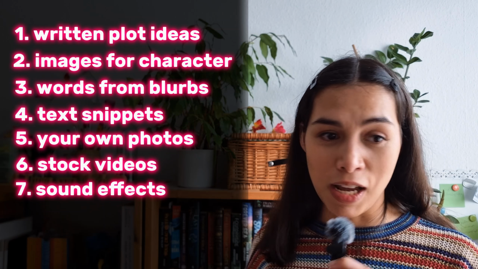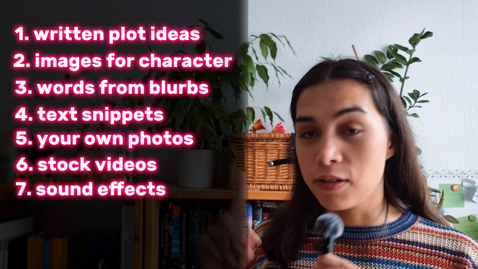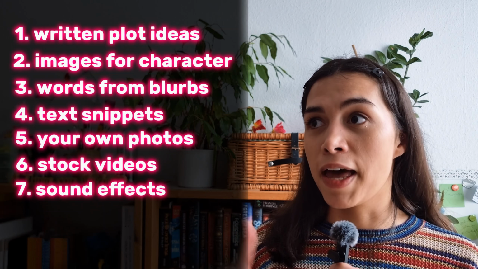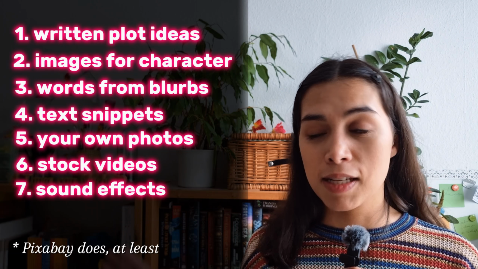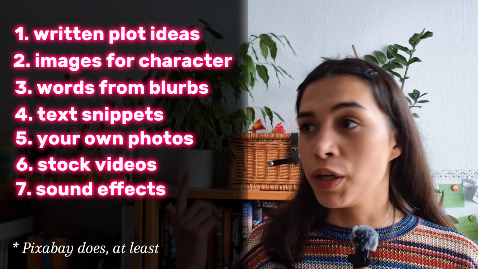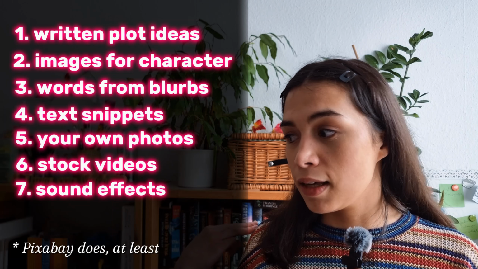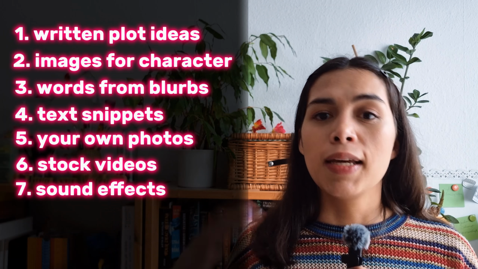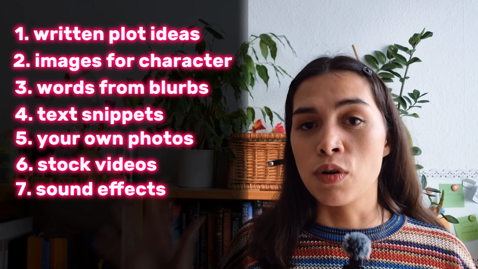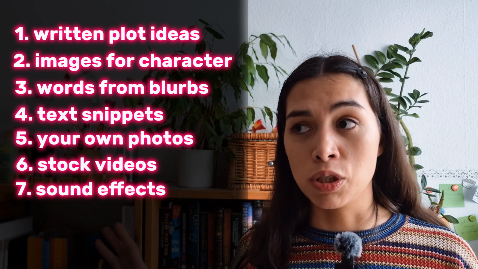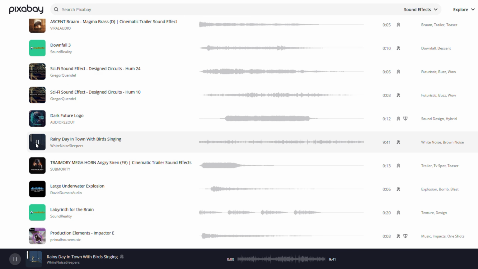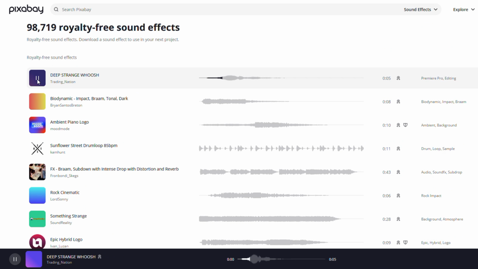And that brings me to another idea. These stock sites usually also have sound effects. They have images, video, sound effects, music, graphics, probably. So you could just scroll the sound effects section and just choose anything that sounds interesting or mysterious.